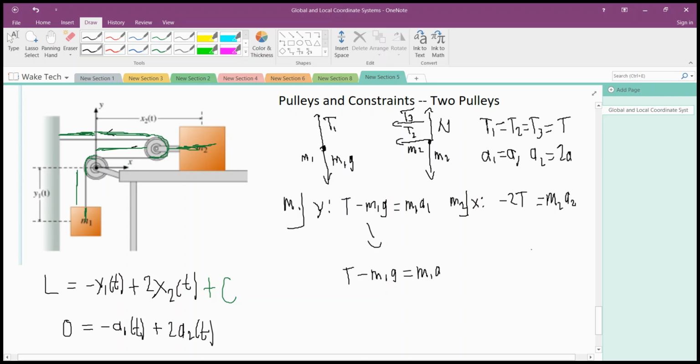And then over here, we get minus 2T is equal to m2 2a, or in other words, minus 2T is equal to 2m2a. And then from there, you can proceed to solve for tensions and accelerations as you desire. But that's how you get the acceleration constraint, so you can solve the problem using Newton's second law.